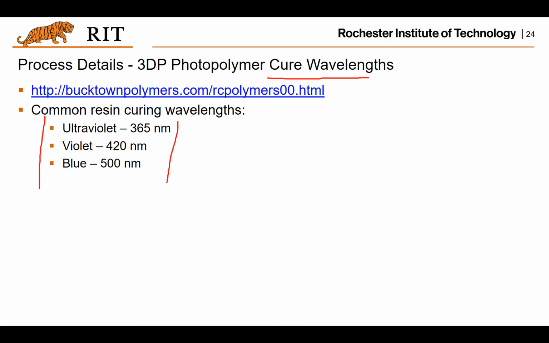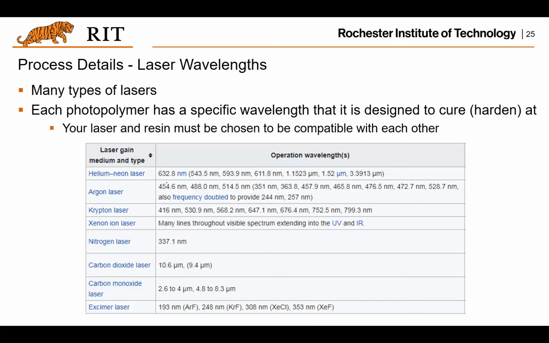These different light sources are utilized for different resins, different materials. Basically, you need to decide what kind of light source to use, which is compatible with the resin material you will be using. Right here shows you some information for the light sources.